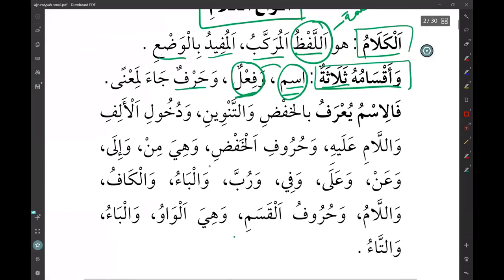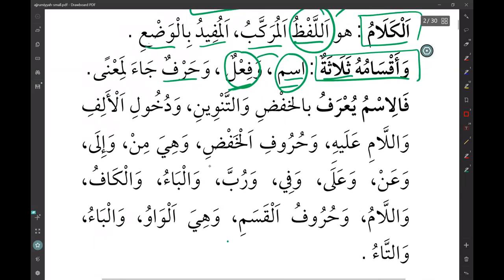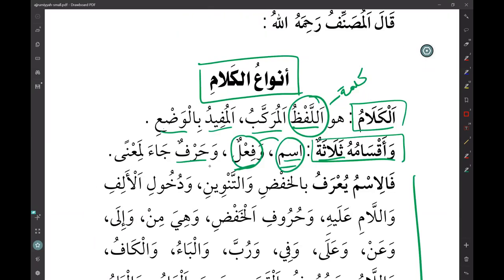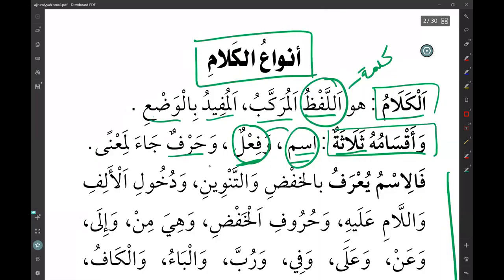If you guys don't have any more questions, then we will start with a new idea. The author will start mentioning how we recognize something, because we have 3 parts of speech, and the author will explain whether there is any way we can recognize them.